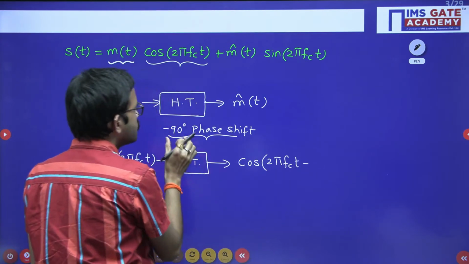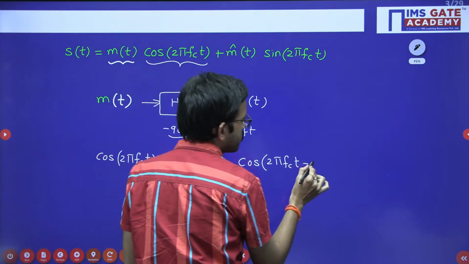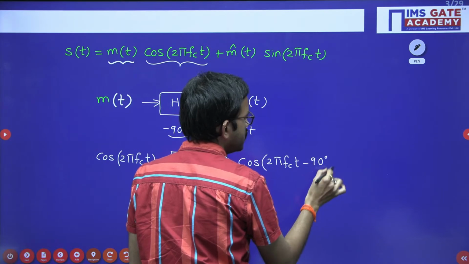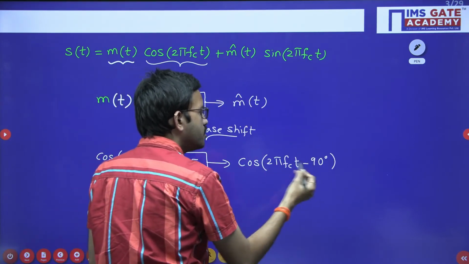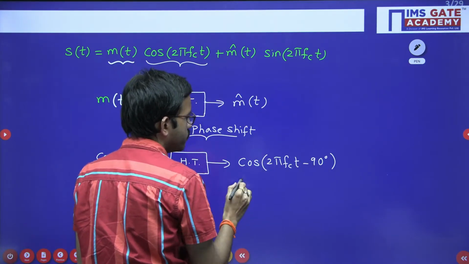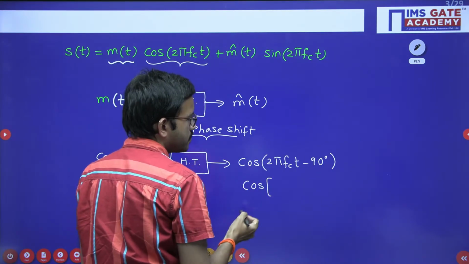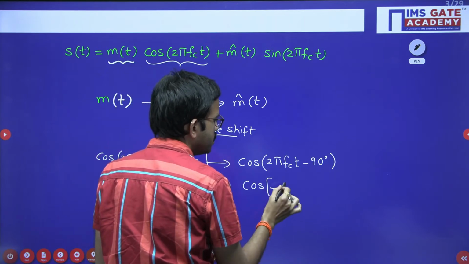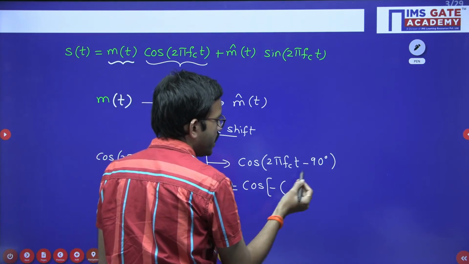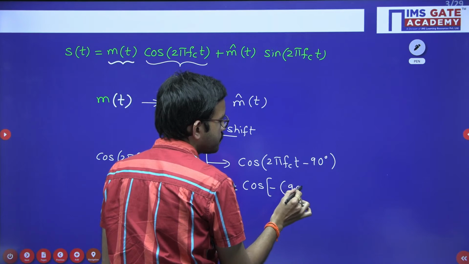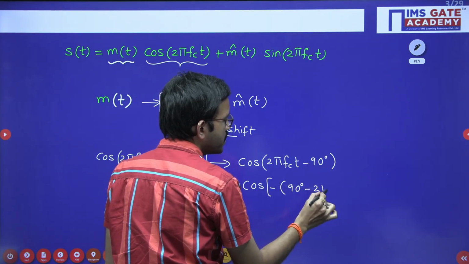Now you have to consider minus 90 degrees phase shift. So here you are having cos theta minus 90 format. So from here I am taking minus as common. Then you will get cos of minus 90 minus 2 pi f ct.